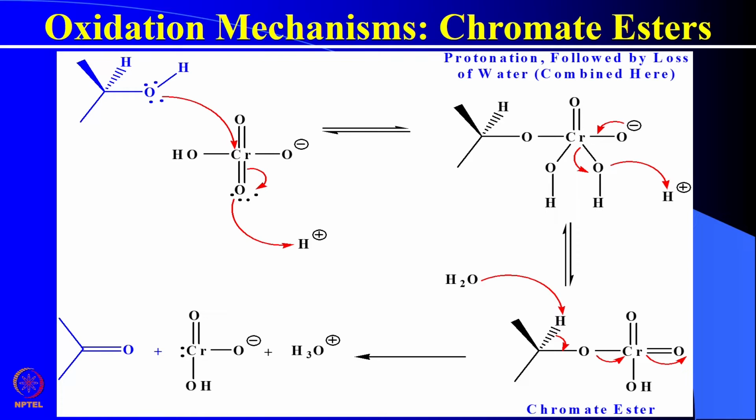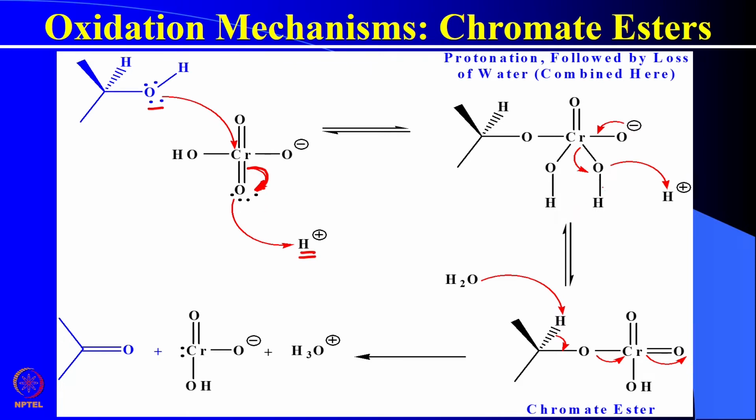Let us see how the oxidation reaction happens using the chromic acid oxidizing agent. When you take an alcohol which has a lone pair of electrons, that lone pair of electrons attacks the chromium center and the carbon oxygen bond opens up as is shown here, and it forms a chromate ester, and the reaction is happening in acidic medium.